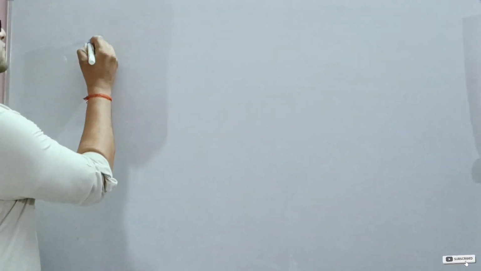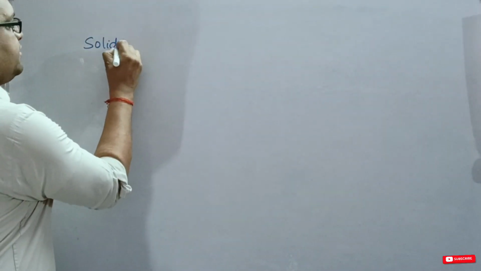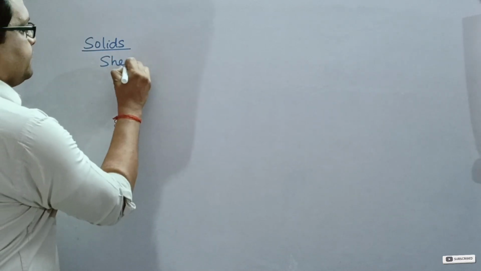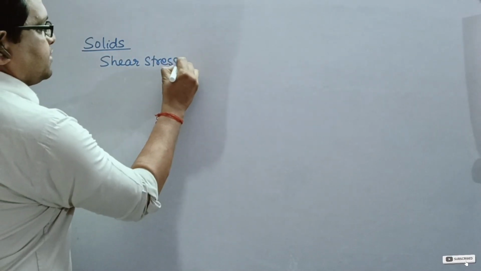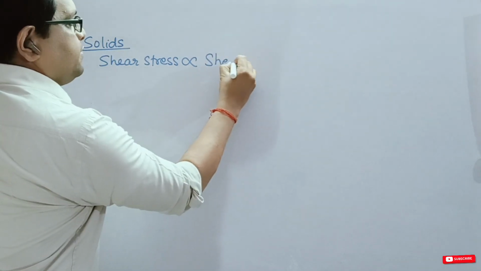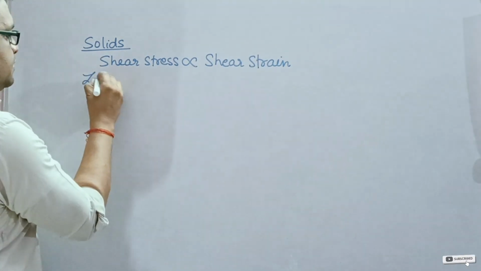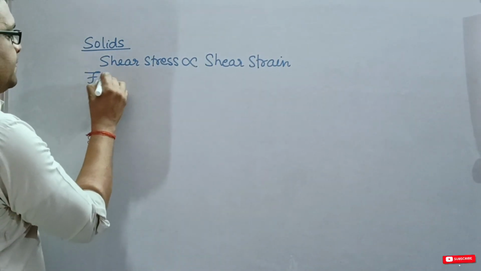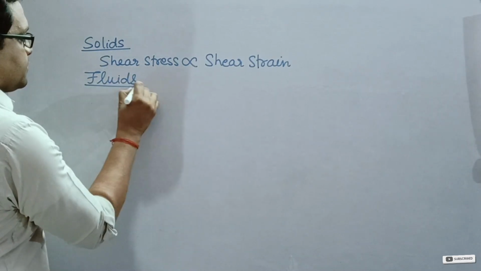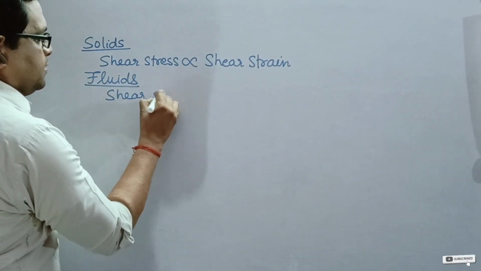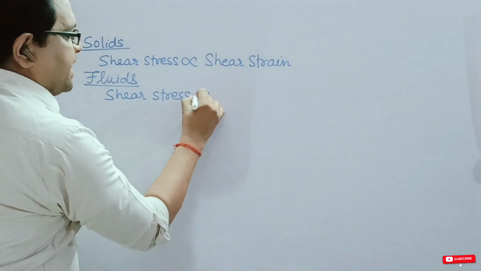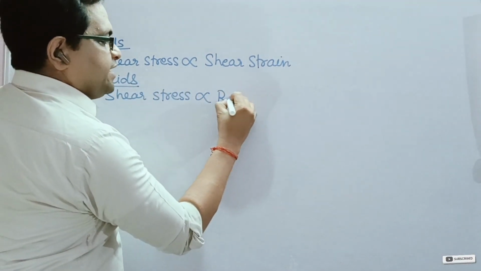Hello everyone. In the last class we have discussed a very important property of fluid known as viscosity, and we have seen that in case of solids we have shear stress directly proportional to shear strain, whereas in case of liquids, or rather in case of fluids, we have the shear stress directly proportional to the rate of shear strain.